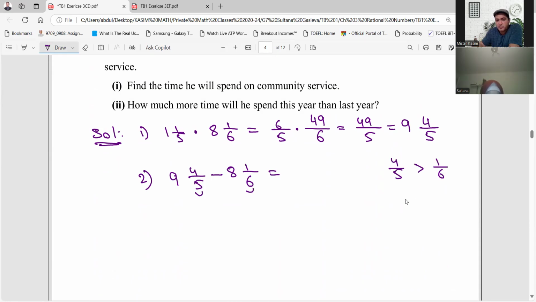Cross multiply: 4 times 6 is greater than 5 times 1, right? If it is so, Sultana, we can do it like this. Subtract whole part from the whole part: 9 minus 8 is equal to 1. And what is the fraction part, right?